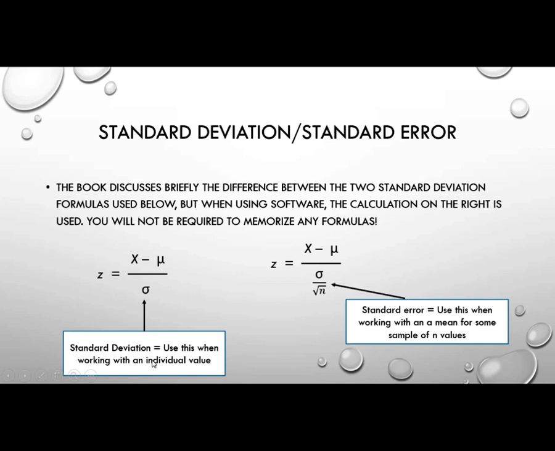We use this when working with an individual value, like when the book tells you that the standard deviation is 11.3 or whatever, we'd use this one. But if we're using our sample to estimate these parameters, then we have to divide by the square root of the sample size. That's called standard error. And you're not going to have to do this in homework or test. I just want you to see it and just know that when you're using SPSS, it's using this formula.